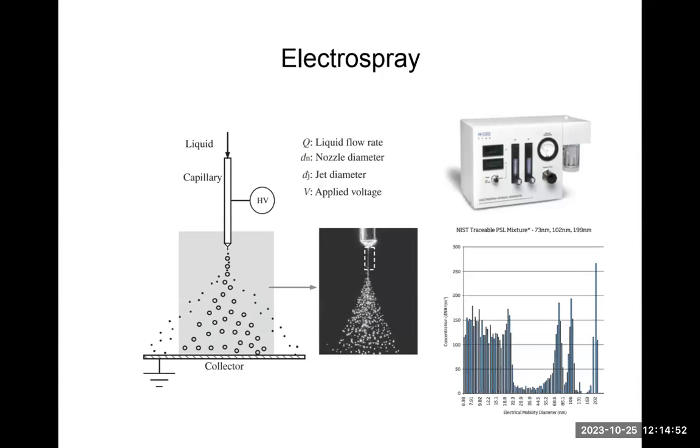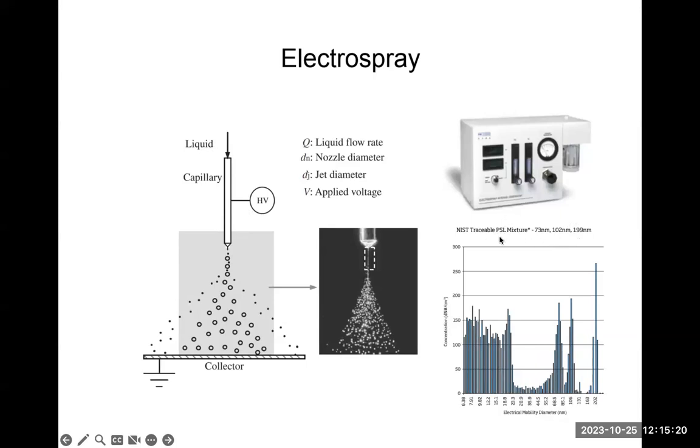The size of these droplets will depend on the flow rate of the liquid, the voltage that you apply, the nozzle diameter, and also the jet diameter. These are the parameters that affect the performance of the electrospray. You could also put some tiny components into the liquid. For example, here we are putting in PSL particles. We'll talk about PSL later on.